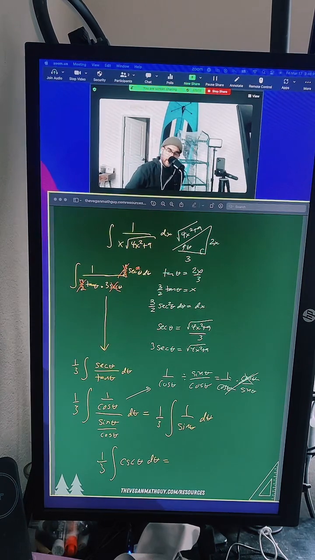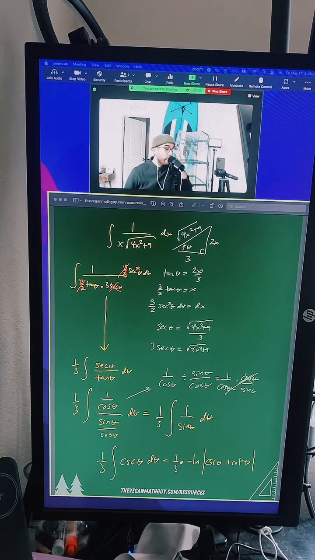There we go. It's negative, and I have the 1/3, by the way. 1/3 times negative natural log of cosecant theta plus cotangent theta. This one and the integral of secant theta are ones that we should remember.